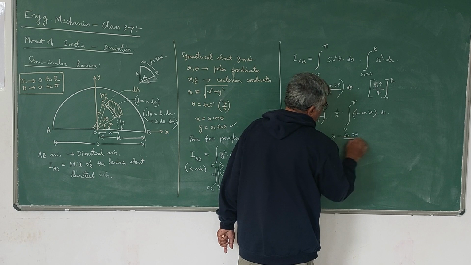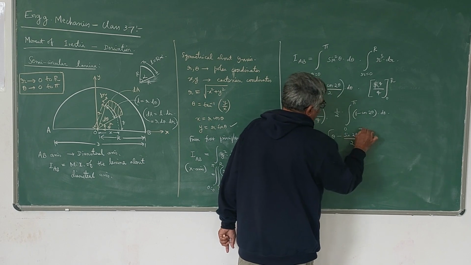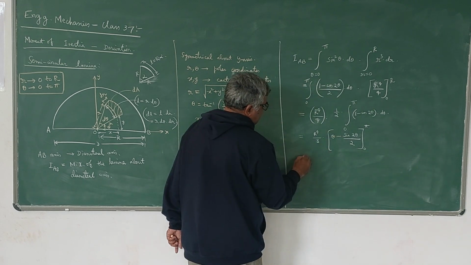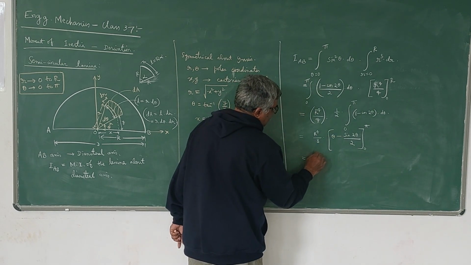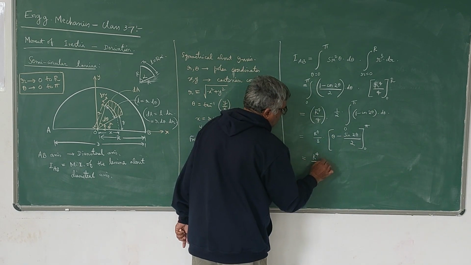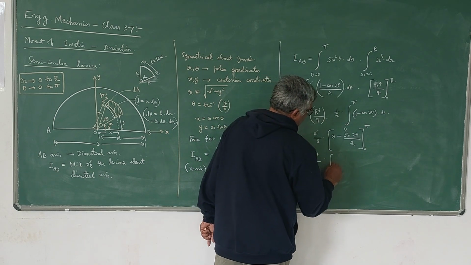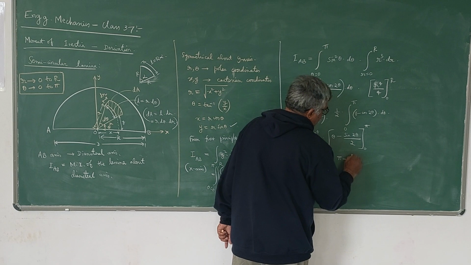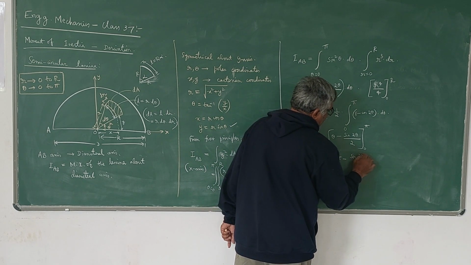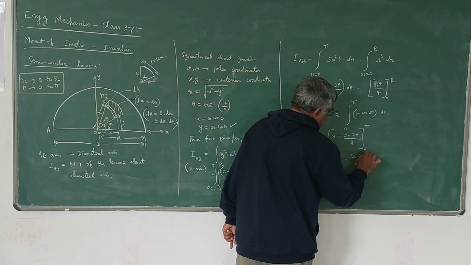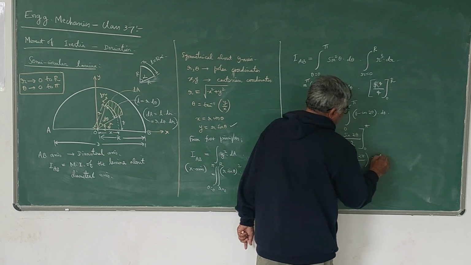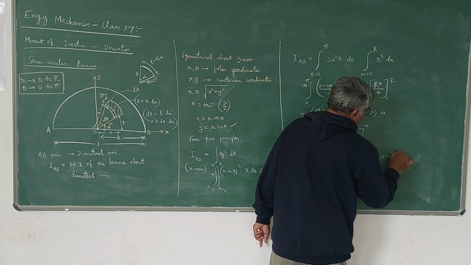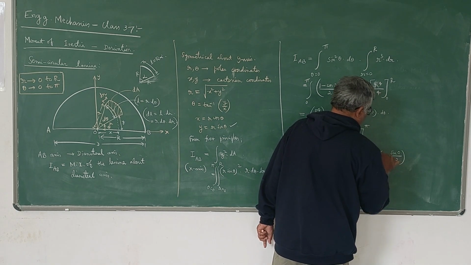These things you should know; we learned this in earlier classes. Now we have to substitute the upper and lower limits for theta also. R power 4 by 8 into the upper limit for theta, pi minus sin 2 pi by 2, minus the lower limit, 0 minus sin 0 by 2.